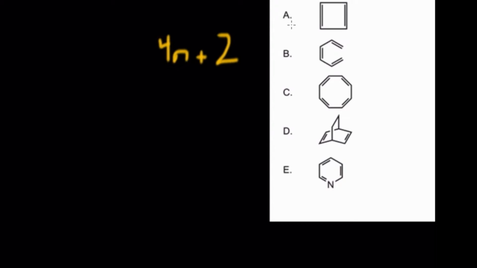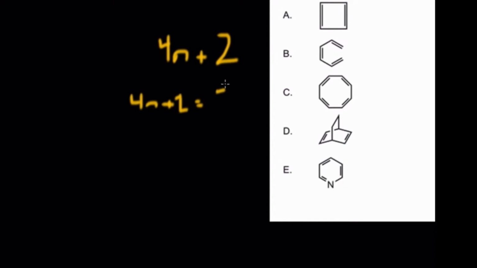So if we consider A for a second here, we see that it has 2 pi bonds, which corresponds to 4 pi electrons. So if we were to plug this into this formula, I'm going to give an example right here. So if we do 4n plus 2 equals 4 pi electrons. Sorry, that's a terrible 2, but we'll roll with it.